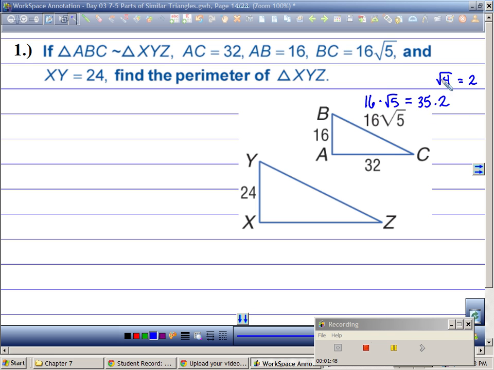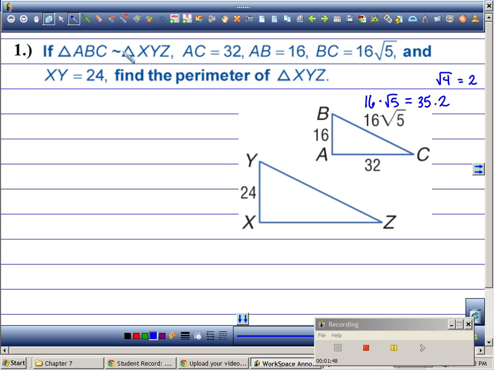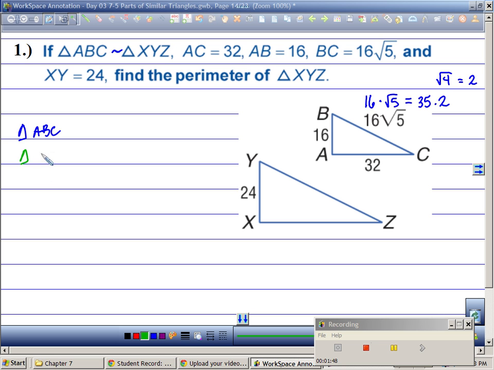Okay, good. So now we're going to talk about this larger triangle compared to this smaller triangle. It tells us that they're similar. So I'm going to say triangle ABC is similar to triangle XYZ. And if AB is 16, that's compared to XY, correct?